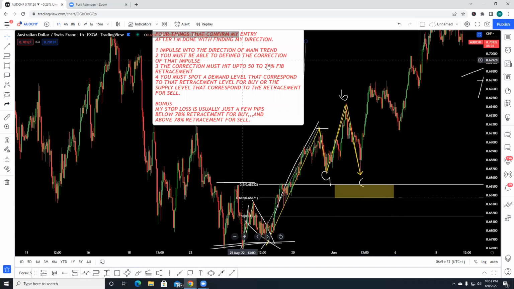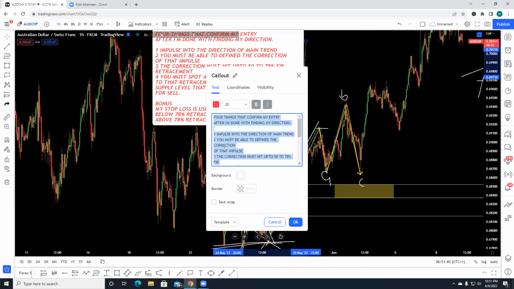The modification as we have given you here so that you don't miss some trade is this. I have to write it here.